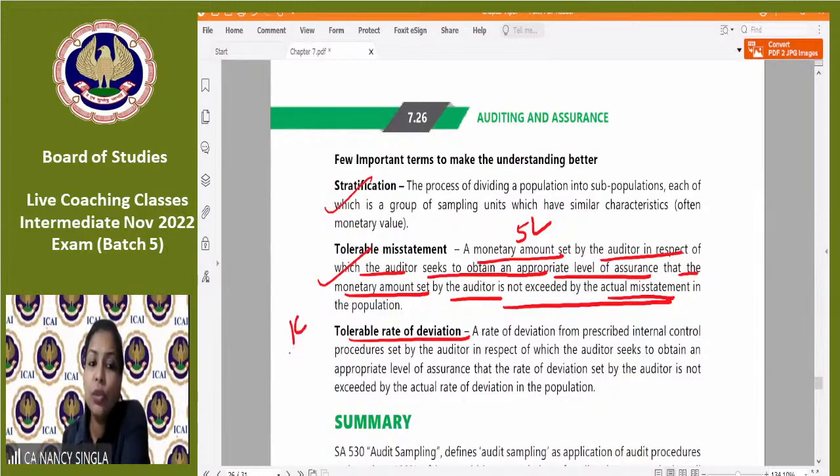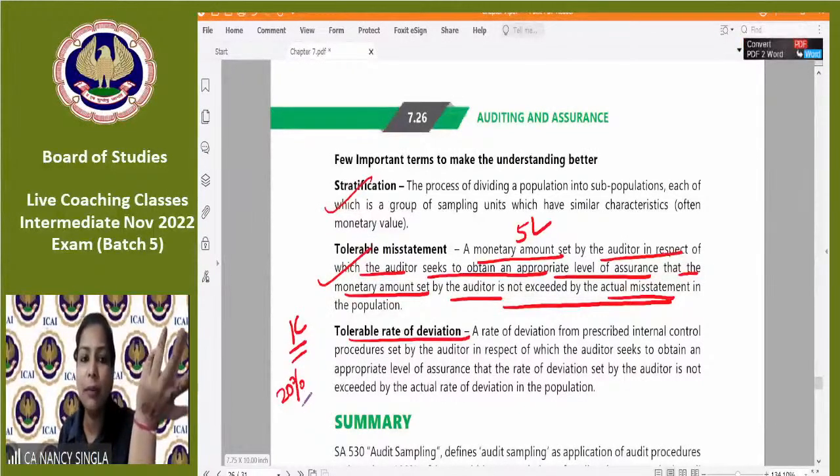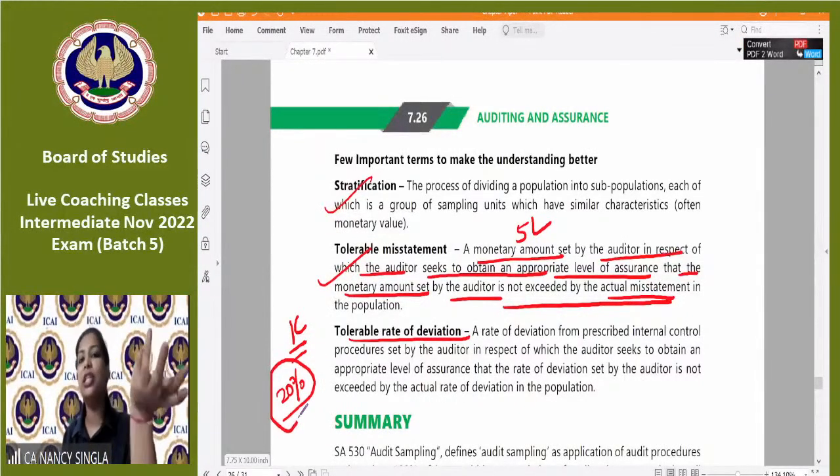But in the case of internal control, you will say that out of 10 samples, let's say 2 times the internal control was not working, so you will say there is a 20% deviation rate. Now there is no requirement to project this, because you will say the 20% deviation rate is there on the entire population of internal control.